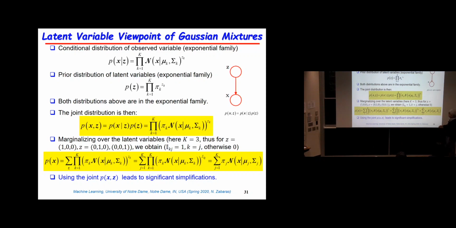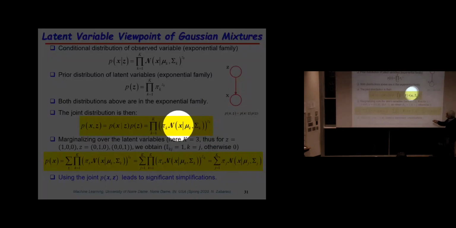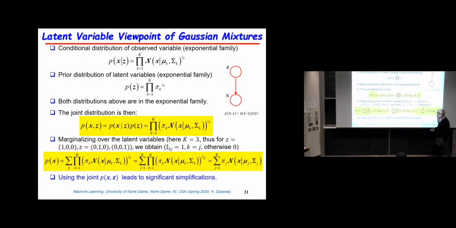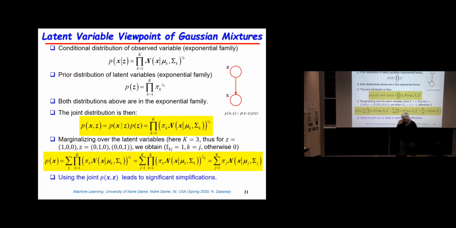So can somebody highlight for me, when I say we will integrate z out, how many possible values can z take in our problem for one data point with 3 classes, 3 Gaussians? What are the 3 possible values z can take? 1, 0, 0; 0, 1, 0; 0, 0, 1.